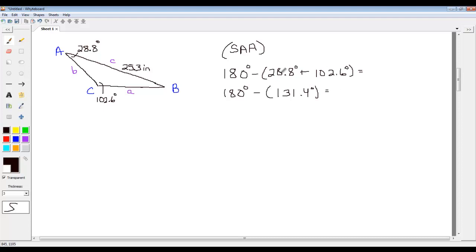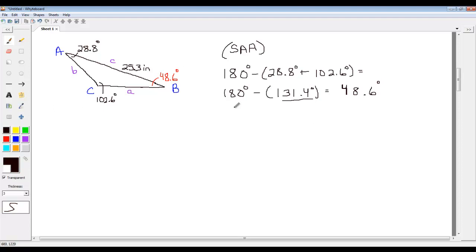So when I add them together, I get 131.4, and then when you subtract, you get 48.6 degrees for that angle. So solve for angle B, got 48.6 degrees.